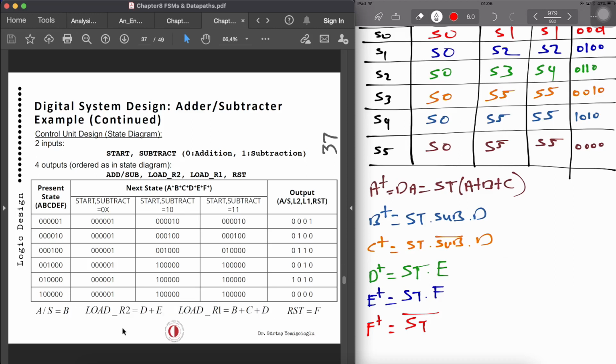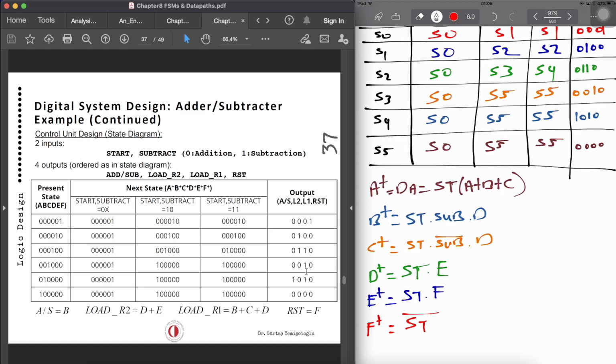We can also use the same approach for the outputs. For example, add and subtract is only activated at this column, where B is activated, so add and subtract is going to be B. Then load R2 is activated on those 2 lines, which are D and E, so D or E for load R2.